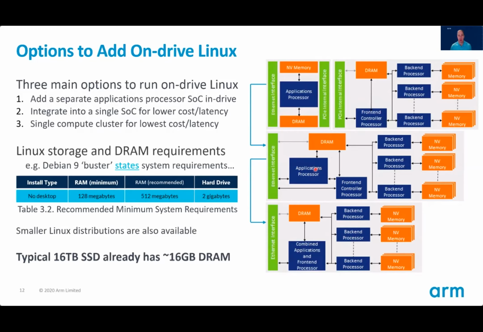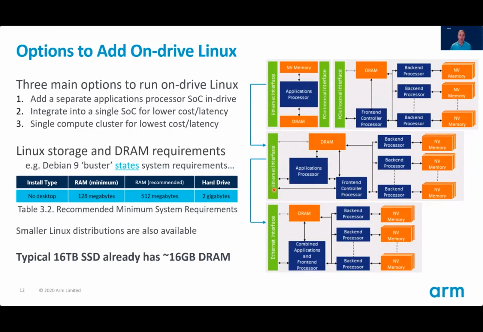This applications processor is now able to share the same DRAM as the rest of the SSD controller, and of course can share the same non-volatile storage, the flash media itself, for storing the Linux. So this is great. There are several existing products today based upon this kind of architecture.